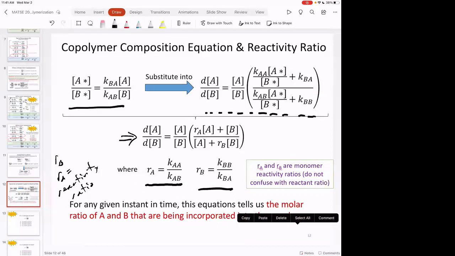It will be completely obvious when we're talking about stoichiometric offset and Carruthers versus reactivity ratios. But these reactivity ratios have been studied in depth because a lot of the industrial polymers that we use are copolymers. And so people would really like to know what monomers to put into the reaction in order to get the target copolymer of interest. Okay, don't confuse with reactant ratio.